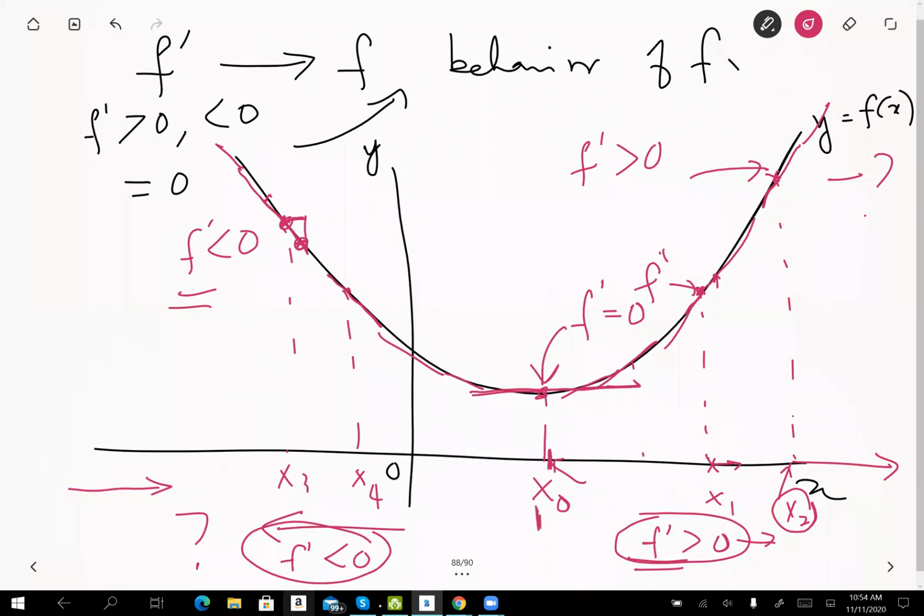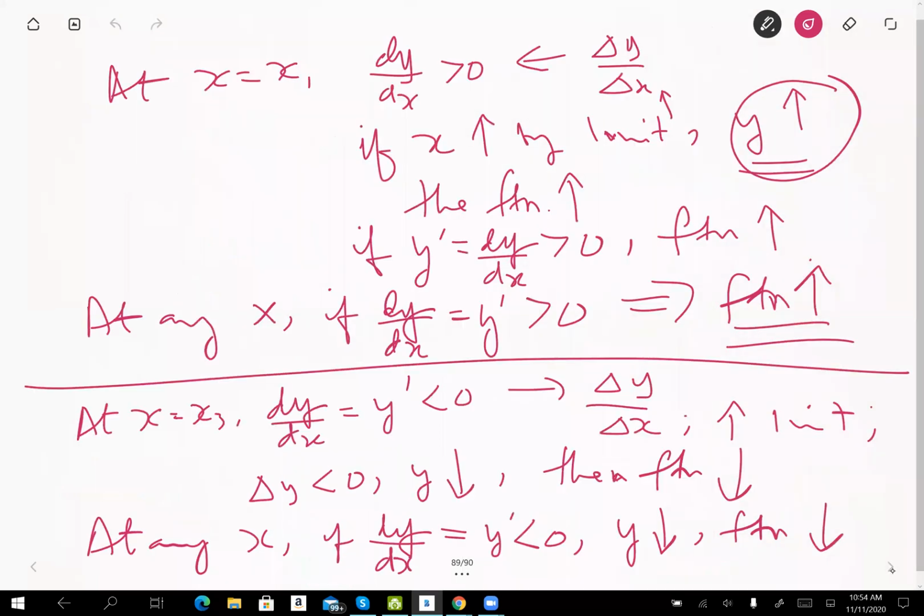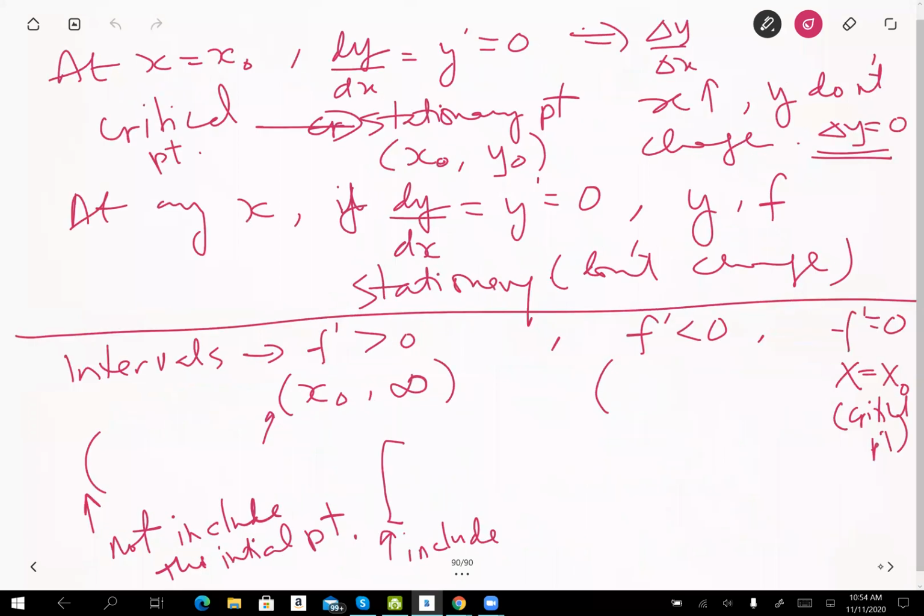So the interval is from negative infinity, because there are so many points, up to x0. And x0 is not included because x0 is the critical point.